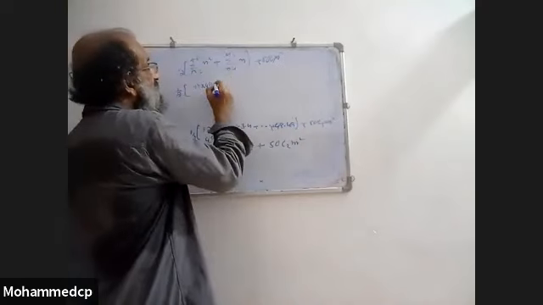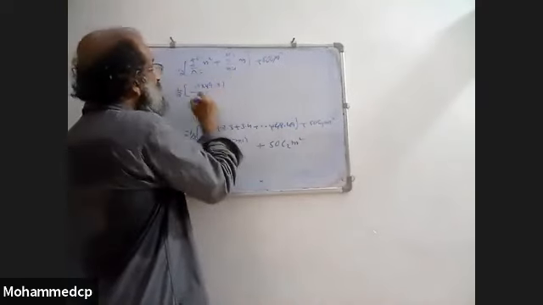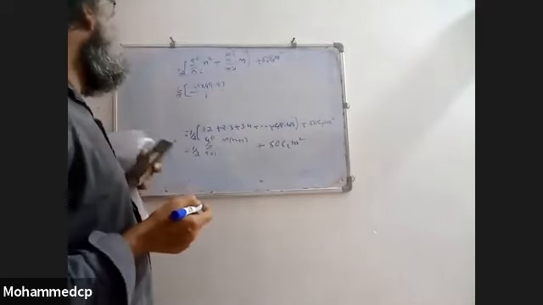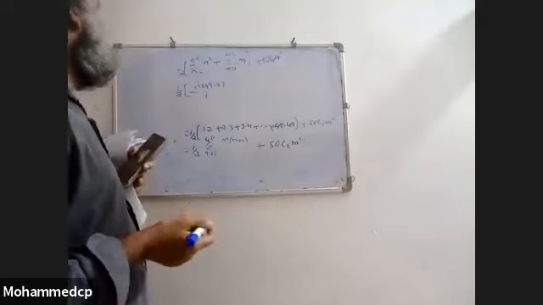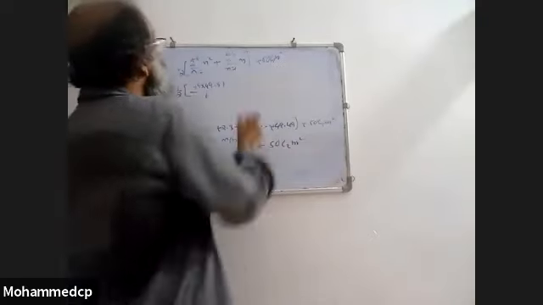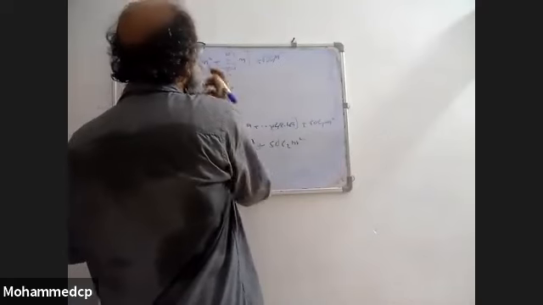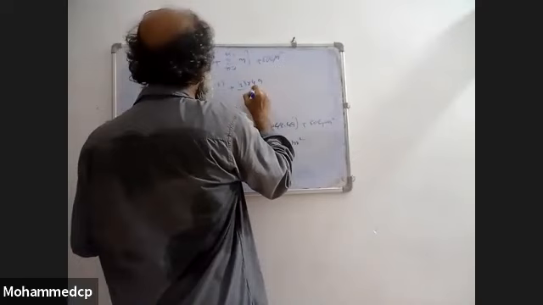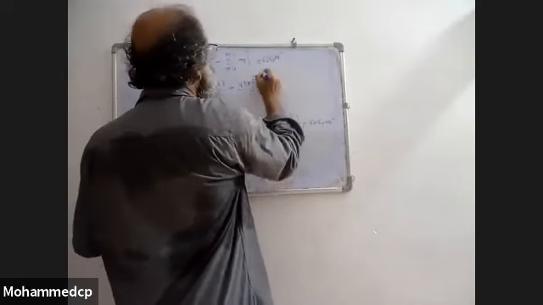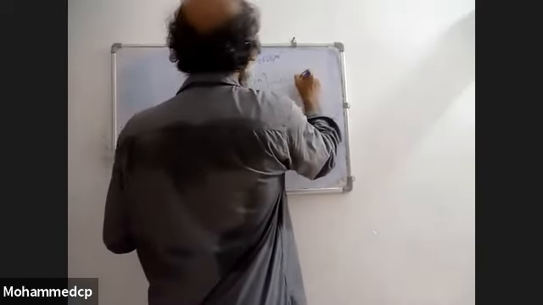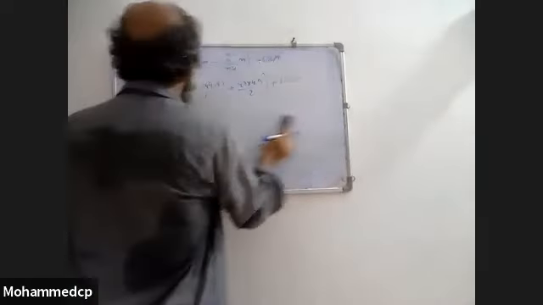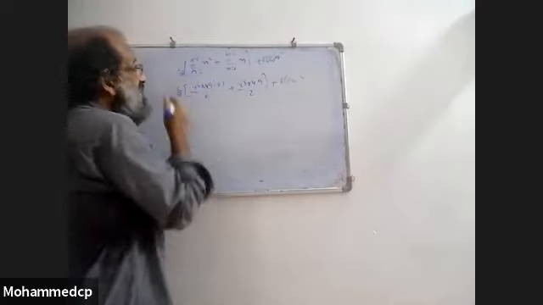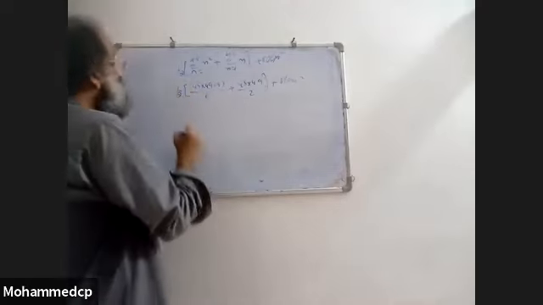48 into 49 into 97/6 plus 48 into 49/2. You can take 48 into 49/2 out.